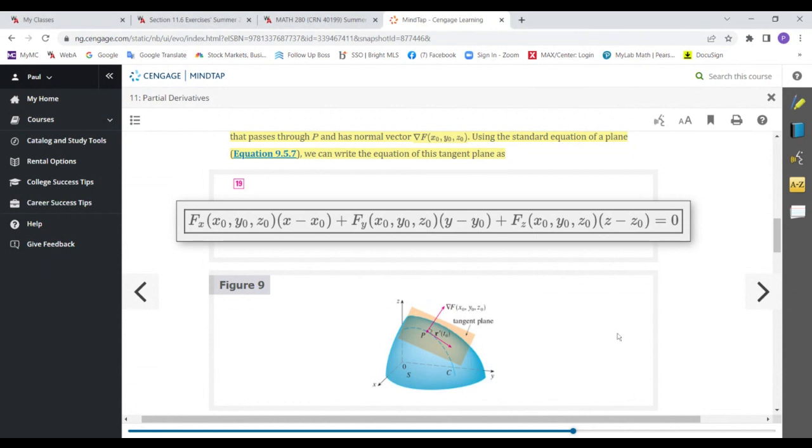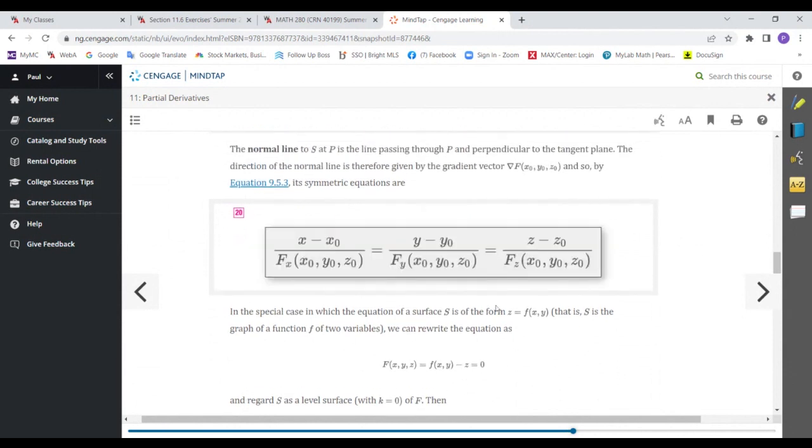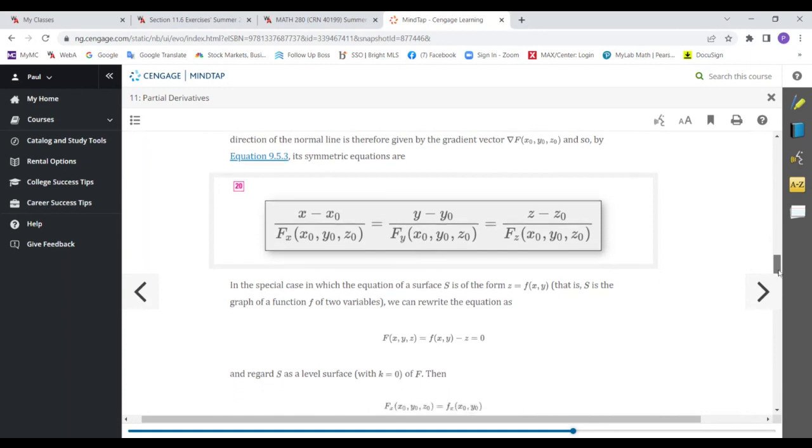And so if you wanted the symmetric equations of the normal line to the surface at the point P, those are the symmetric equations of that line. So the partial derivatives of f with respect to x, y, and z replace A, B, and C. And so given these concepts, you can find equations of tangent planes to level surfaces and perpendicular normal lines to level surfaces.